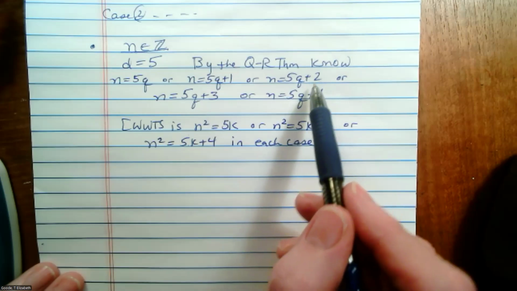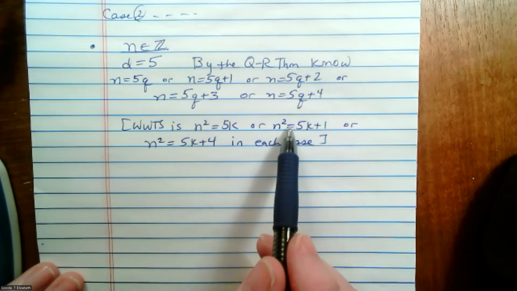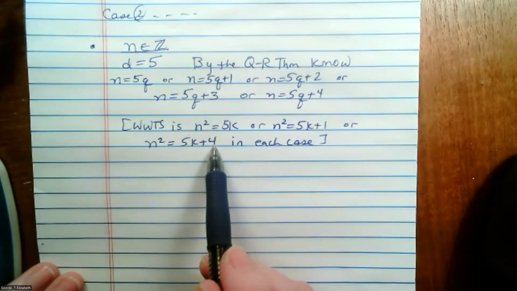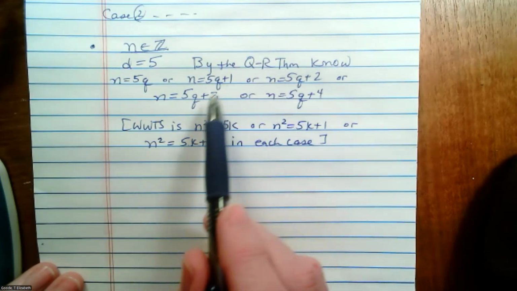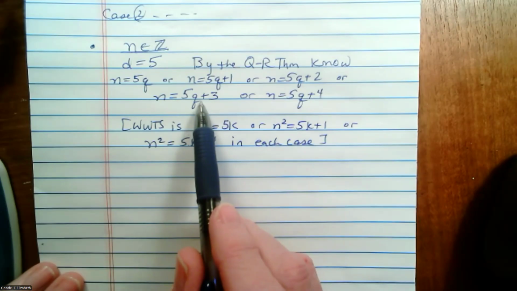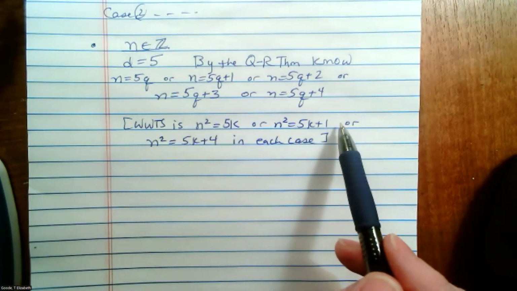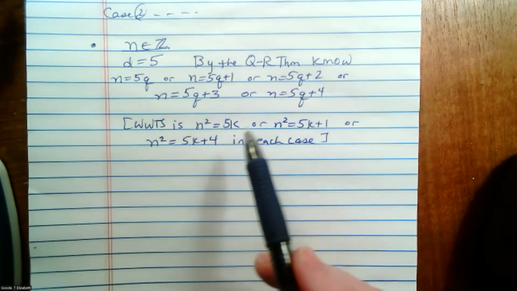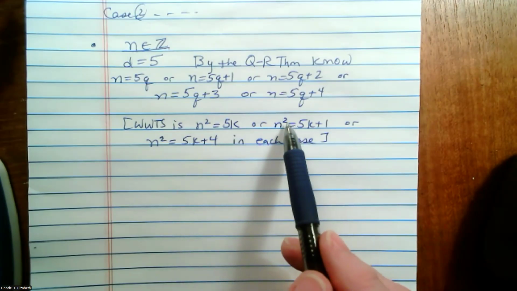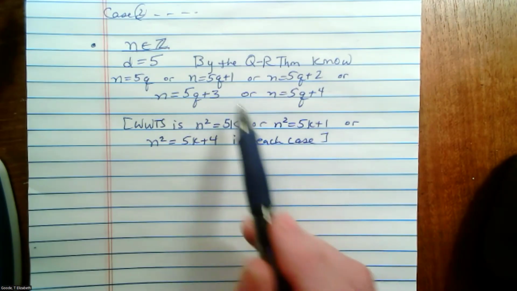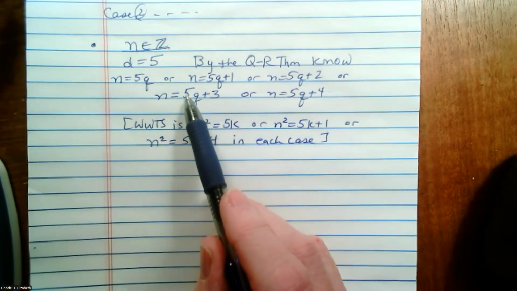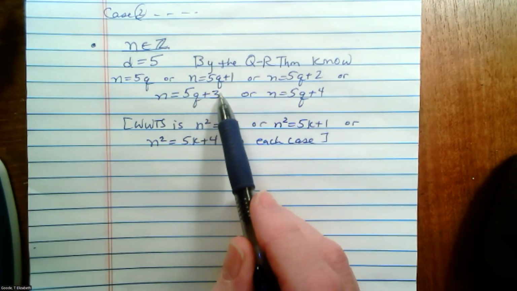But n squared is going to wind up looking like 5k plus 4 in the case that n is 7, or maybe n is 8, right? And if n is 8, n squared is going to wind up looking like 5k plus 1, even though n looked like a multiple of 5 plus 3.